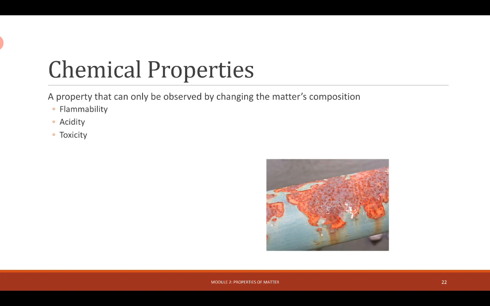And so how they change, and the patterns in how they change, relate to its chemical properties. Iron rusting here is an example of a chemical property because it's showing how it reacts to water, particularly acidy water that it's exposed to.